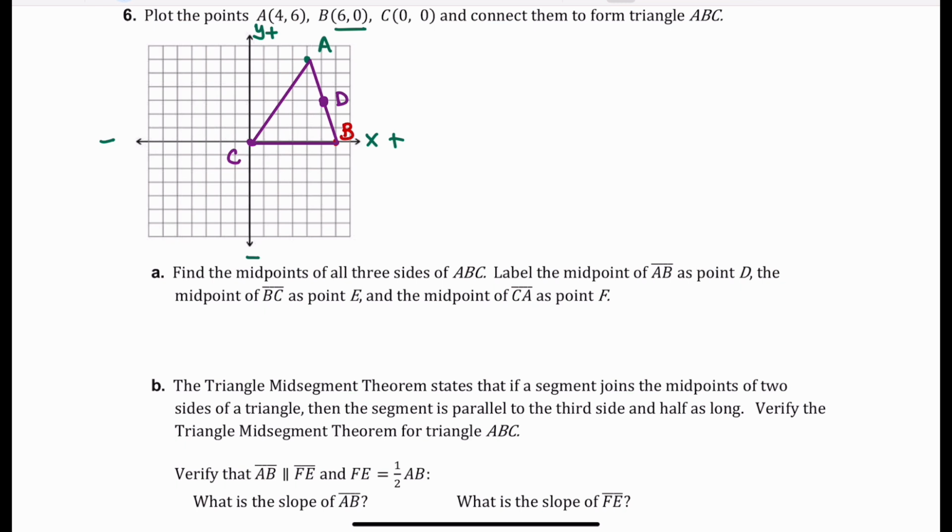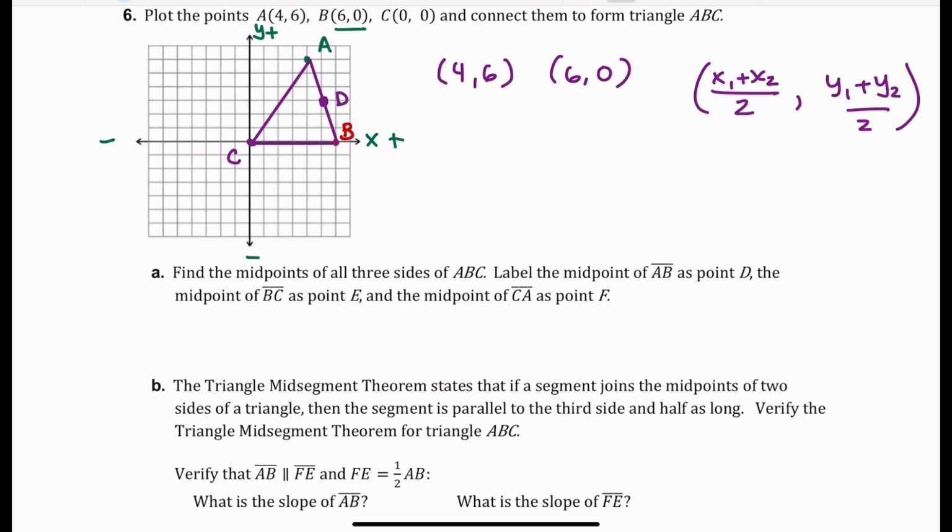The other thing you could do is find the midpoint of AB by taking the 2 points (4, 6) and (6, 0) and using the formula: x1 plus x2 divided by 2, the average of the x's, and then y1 plus y2 divided by 2.